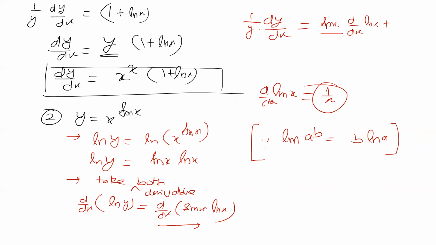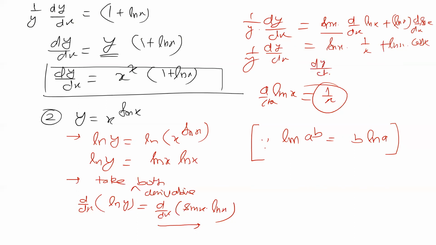We have to keep the first function as it is and take the derivative of the second function, plus keep the second function as it is and take the derivative of the first function. Then sin x into the derivative of ln x, you will get 1 by x, plus ln x into the derivative of sin x, you will get cos x, and (1/y) dy/dx.